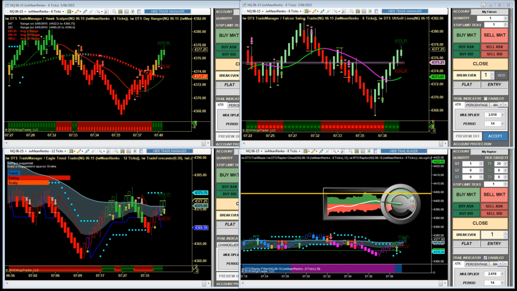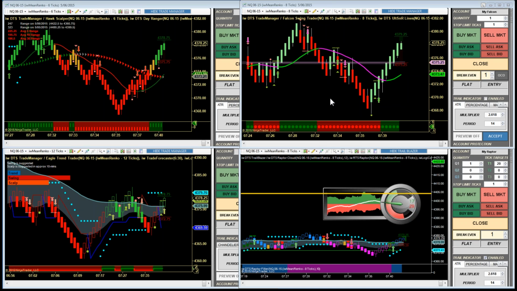That's why we have 3 tools. I know they're expensive. You can see that they work, but people are always wanting to buy just one. And that's fine. You can just buy one. Just be aware that if you buy the Eagle Trend Trader, not every day is going to be a trending day.